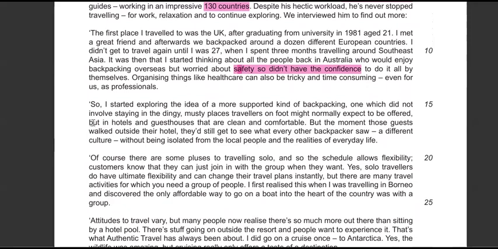That means they provide luxury facilities that are clean and comfortable, which means they look after the comfort factor. But the moment those guests walked outside their hotel, they would still get to see what the other backpackers saw: a different culture without being isolated from the local people and the realities of everyday lives.